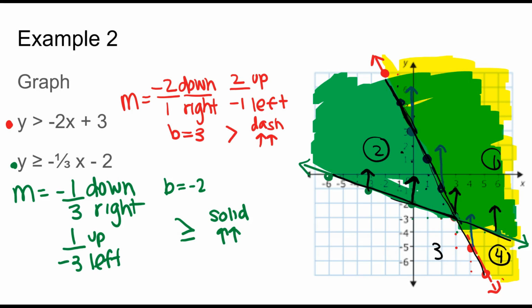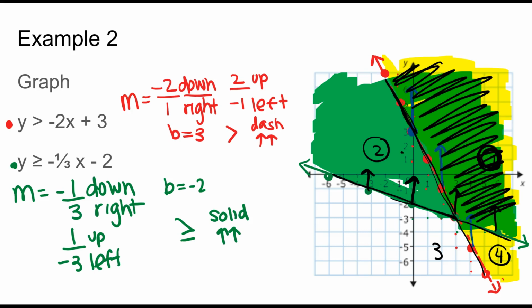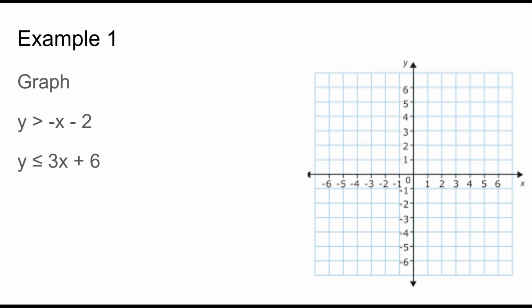Or where is there both colors on yours? That would be in this first region here. And so this area is our whole solution. You can see that the 2 section only has green, the 3 is unshaded, the 4 is just yellow. All right, let's move on.